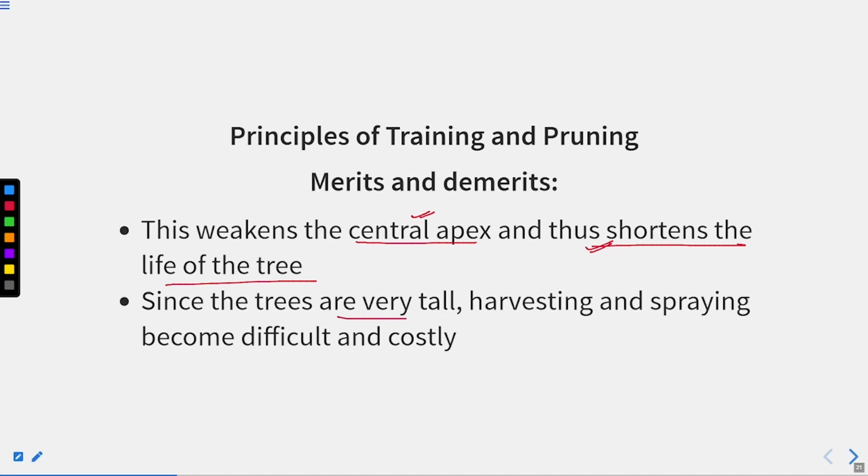Since the trees are very tall, harvesting and spraying become difficult and costly, right? In the central leader system, the trees become very tall and harvesting becomes very difficult. If we have to spray chemicals, disinfectant, fungicide or pesticides, it is very difficult, and doing it is very costly.